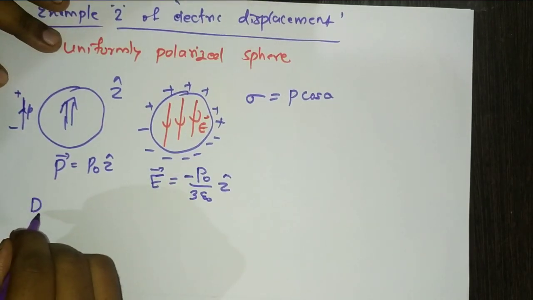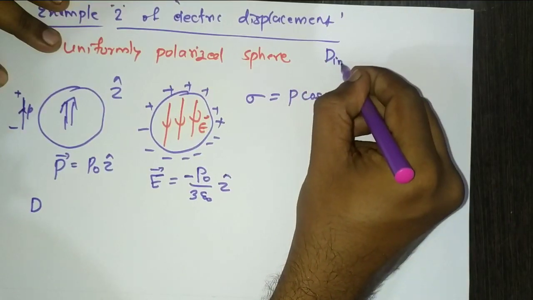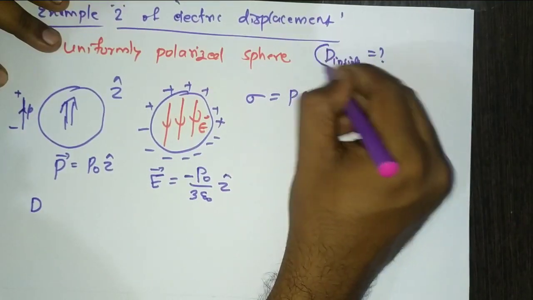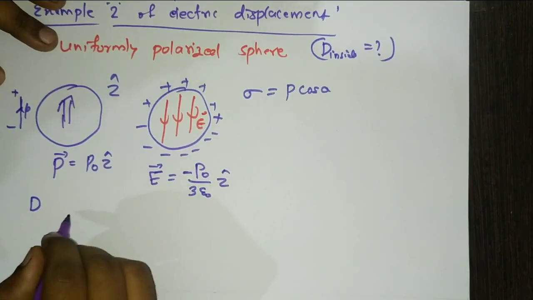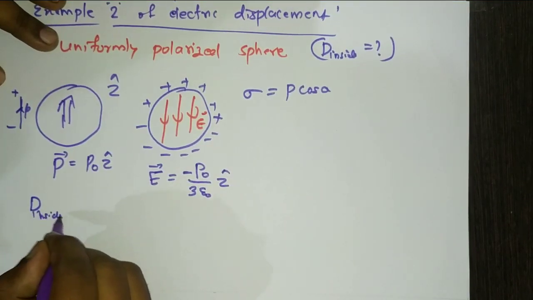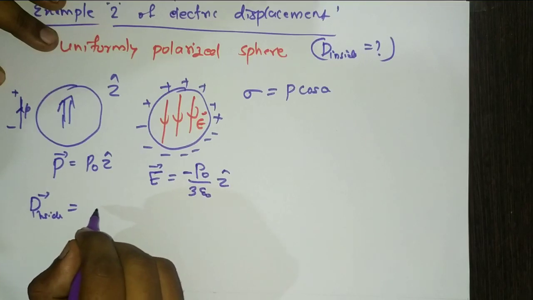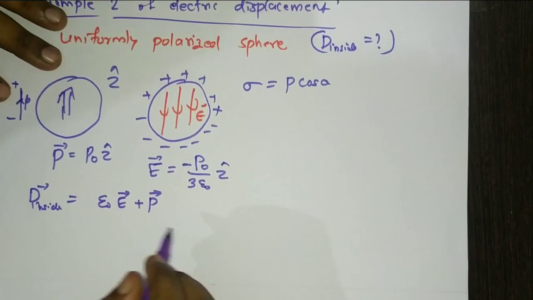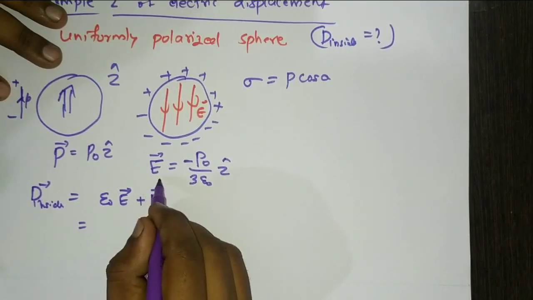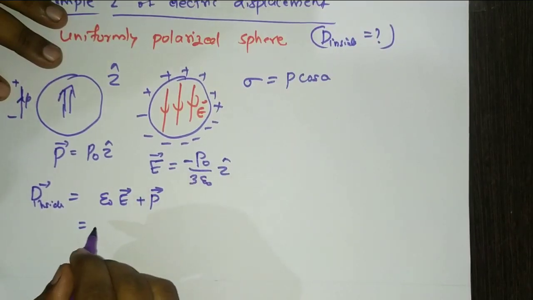Now I am interested to find out the electric displacement inside this polarized sphere, that is D inside, which can be written as the expression epsilon 0 E plus P. Here instead of E, I can substitute minus P0 by 3 epsilon 0.